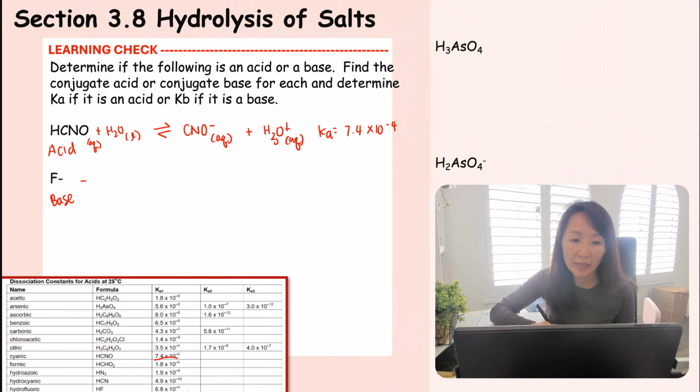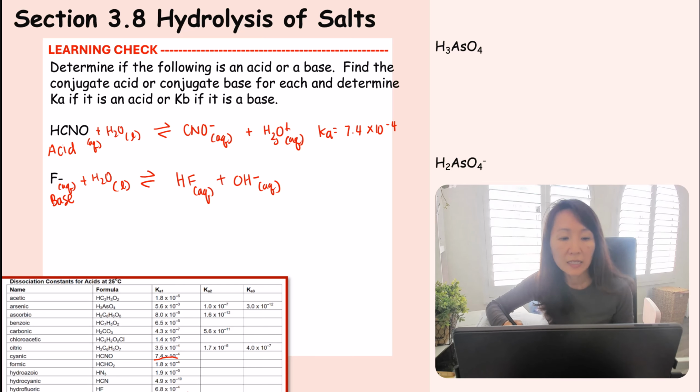So if I were to add this to water, liquid, then this will form HF. Since it is acting as a base, it's accepting a hydrogen from the water, forming hydroxide, and HF on this side. Since F minus is a base, it's asking for the Kb value.